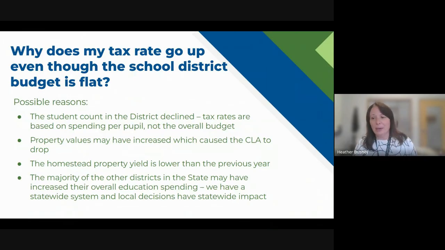The mind-blowing one: the majority of other districts in the state could have increased their spending. And because we have a statewide system, local decisions have statewide impact. So everything could have stayed the same, but if all the districts, particularly the big districts, decide they're going to spend more and increase their budgets, we could end up with a higher tax rate just because we are in a statewide system.